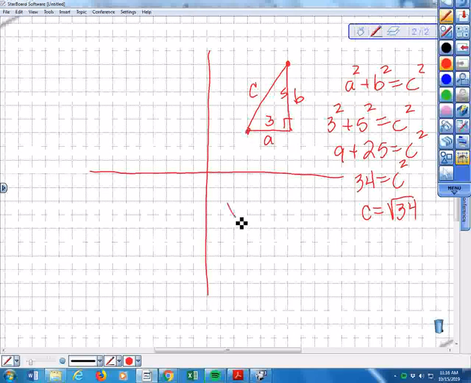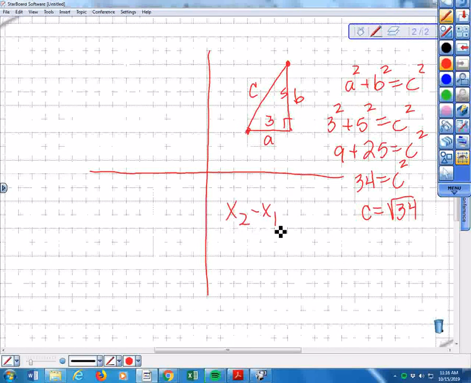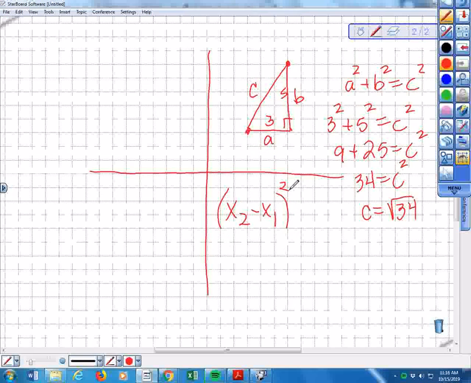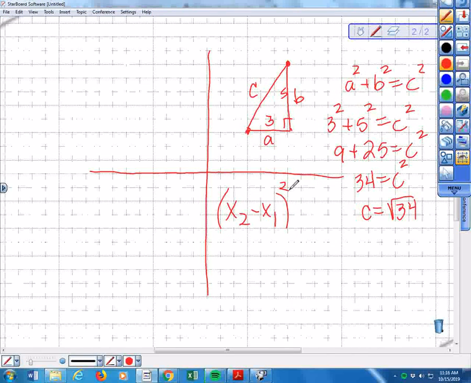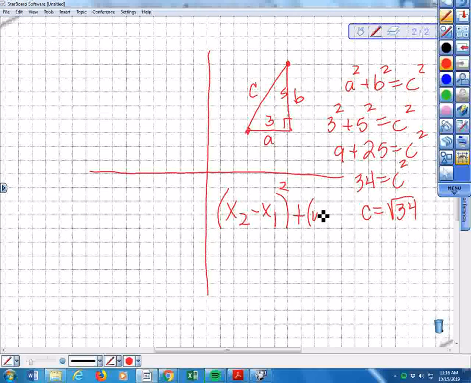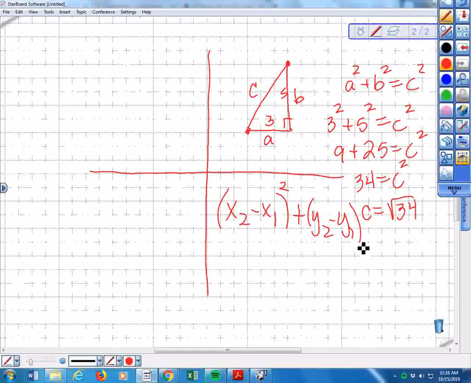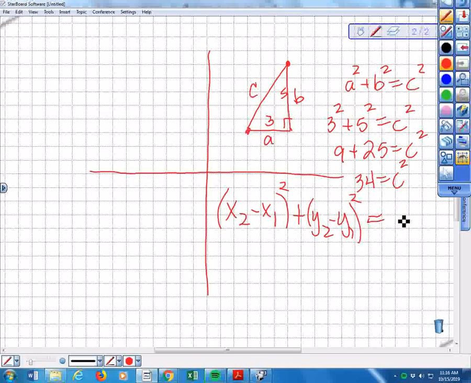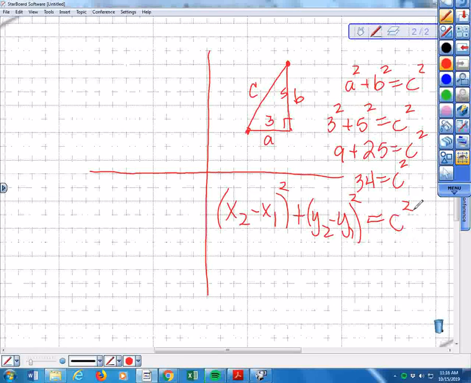So they call that, okay, this point minus this point, which is 3 for us. This point minus this point, and that's equal to the distance squared. That's the distance formula.